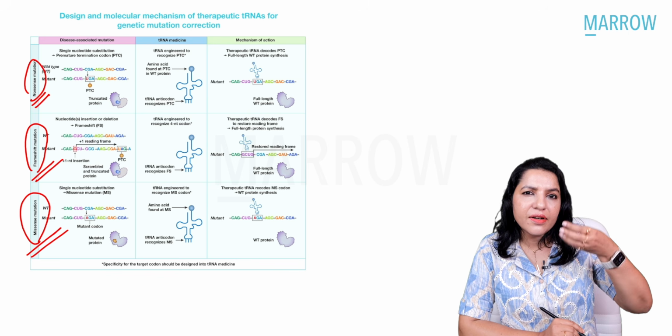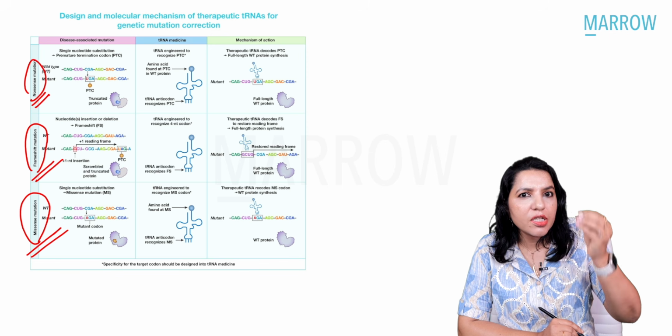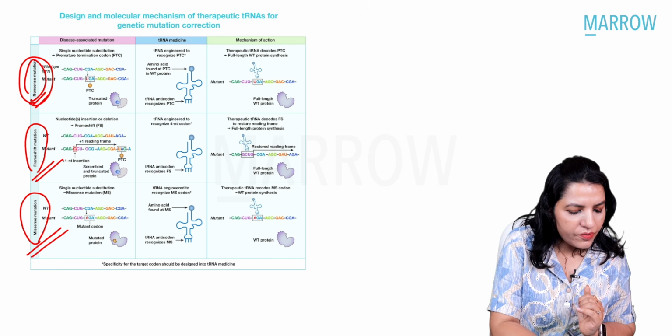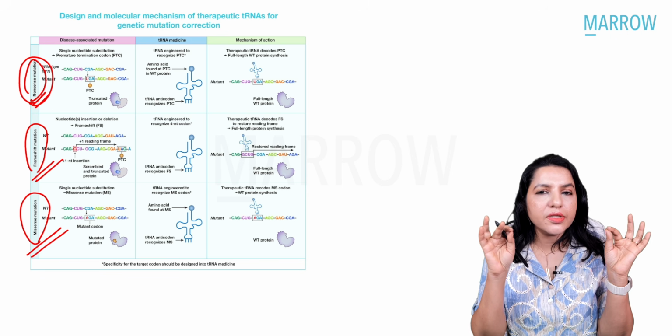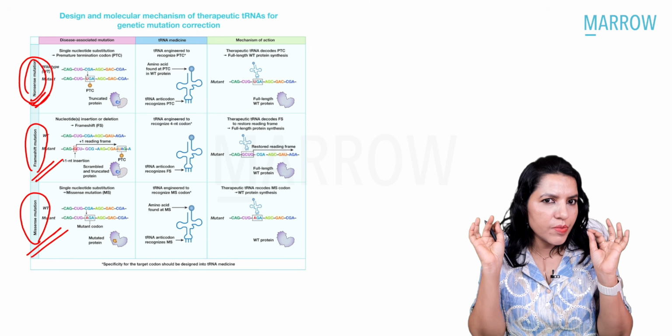But we are genetically engineering certain tRNAs. The first example is a nonsense mutation in the genotype. By DNA sequencing, we find that this disease is caused by a nonsense mutation.